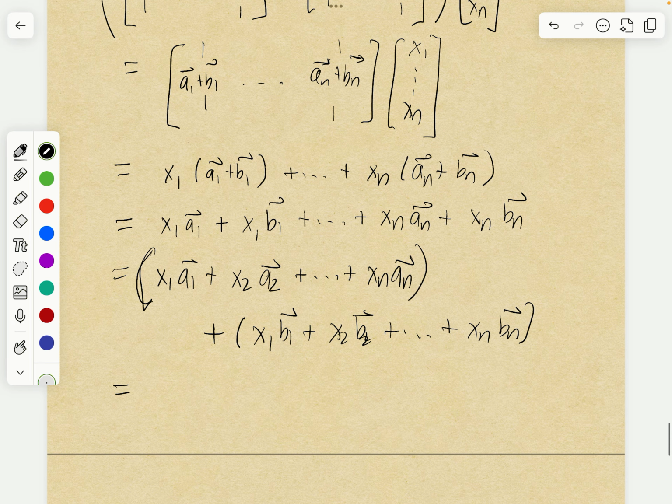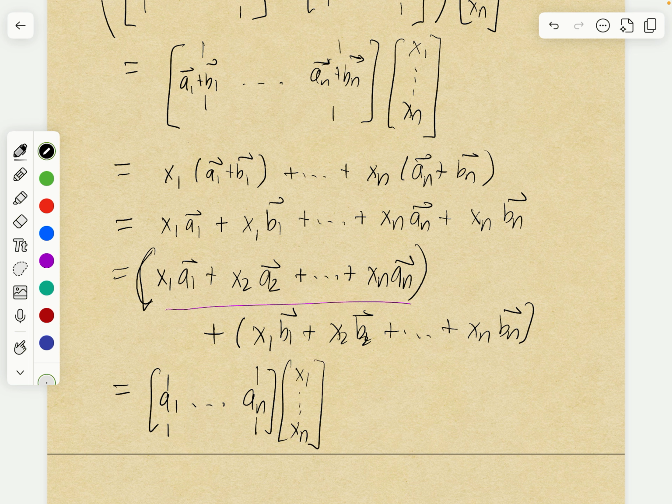And then the left-hand vector is equal to what I get if I take the matrix whose columns are a1 through an and multiply it by the vector x1 to xn. And this second vector is what I get if I take the matrix whose columns are b1 through bn and multiply by the vector x1 to xn.